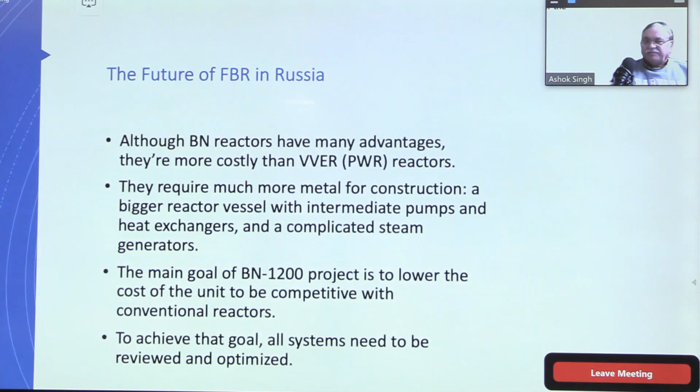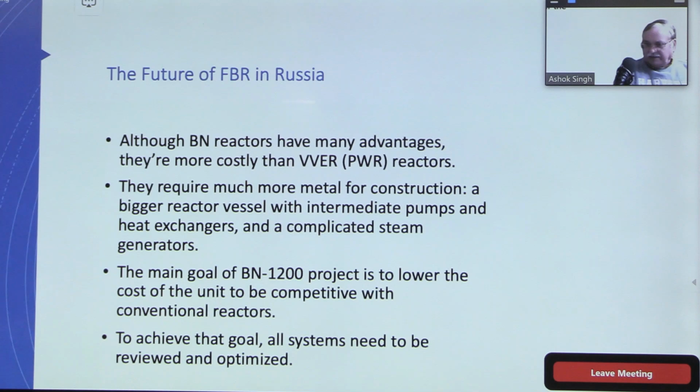But this is what the Russian government has said recently. Their reactors are called BN reactors, the experimental reactors that they have built, using fast neutrons. They say that these have many advantages, but they are much more costly than the VVER reactors.